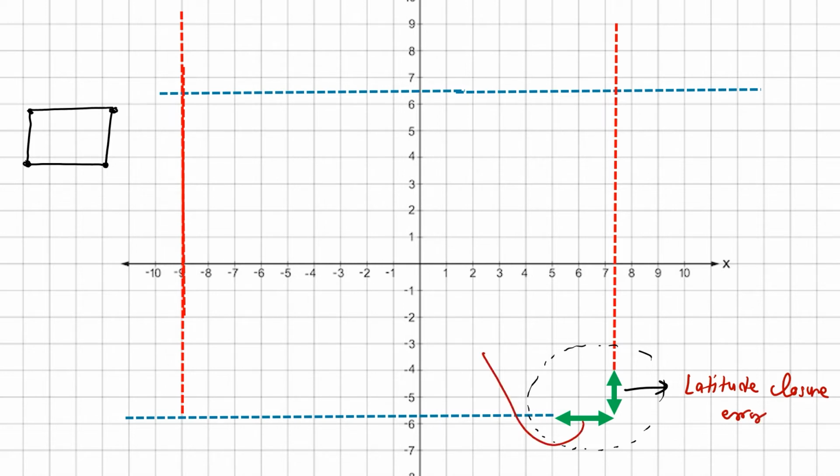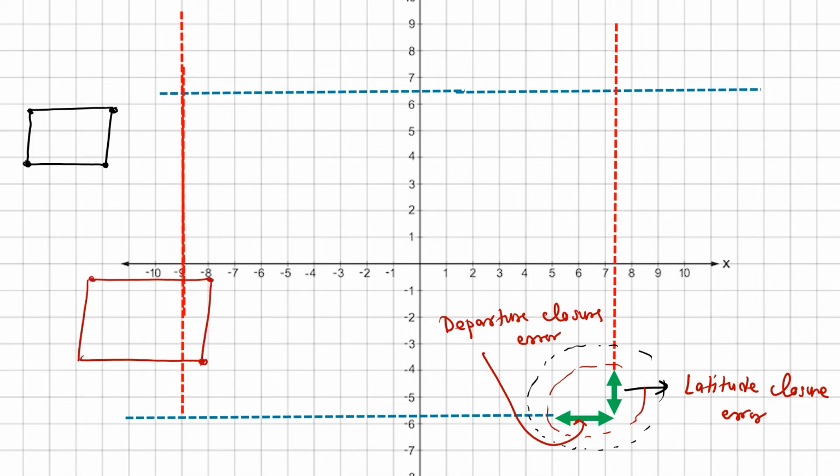And this gap is called the departure closure error, okay? And the whole point of doing the latitude and departure correction is to fix this thing, because you want to patch this hole, right? You want your rectangle to be like this, perfectly enclosed, and that is why we need to do the latitude and departure correction.